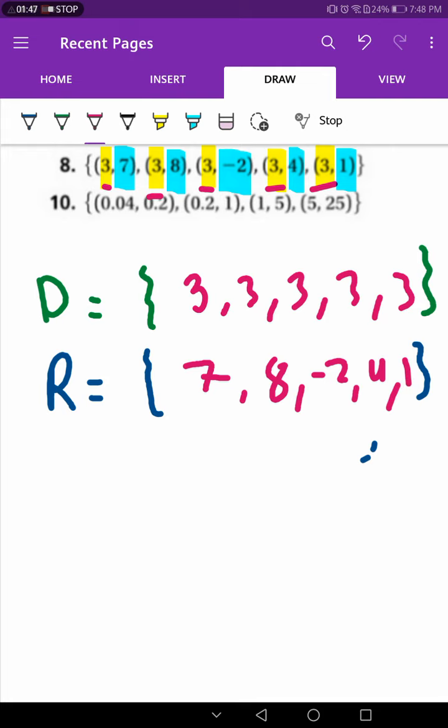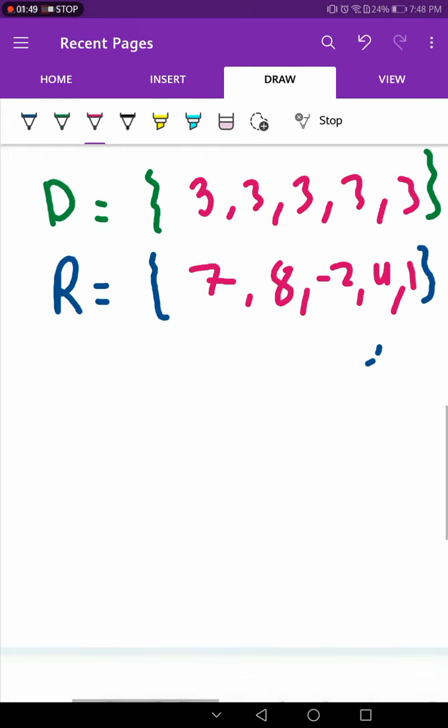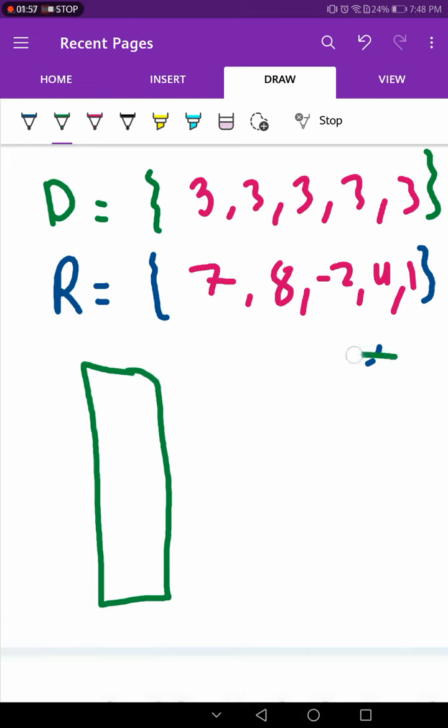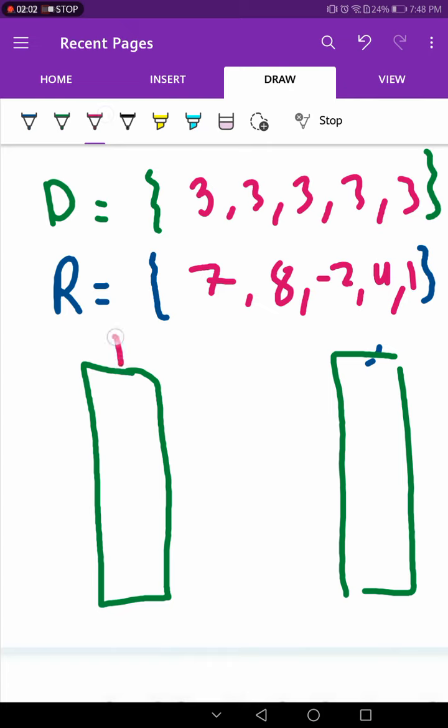Now he asked me to draw a mapping. It is easy. I draw a rectangle like this, a vertical one, and another one here, one for the domain and one for the range, and put the elements of the domain, which is 3.